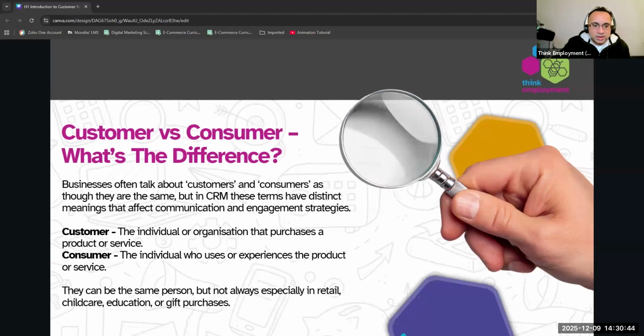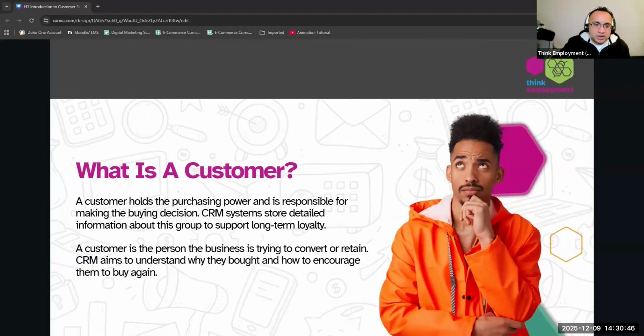So we're going to look at that in a bit more detail now. So what is a customer? A customer holds the purchasing power and is responsible for making the business decision. A CRM system stores detailed information about this group to support long-term loyalty. All right. So obviously their journey started from when they discovered your product, they probably got interested, and then they took action at some point and became your customer, right? They've now purchased.